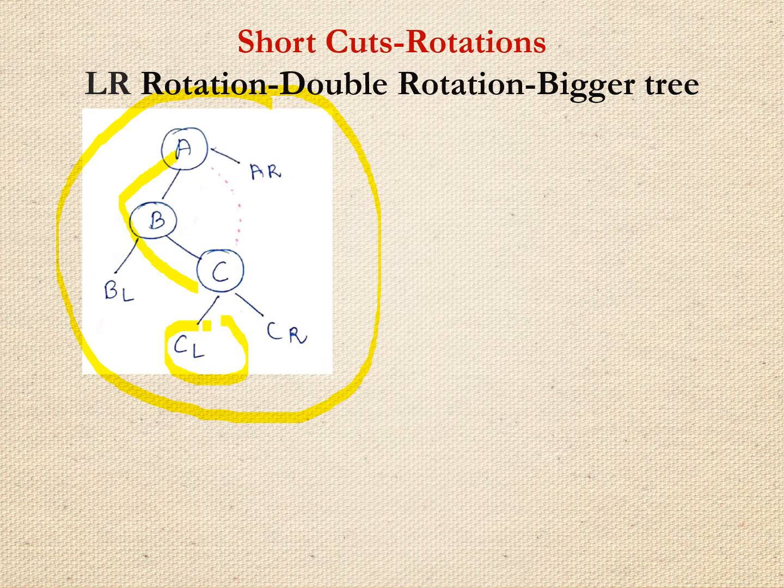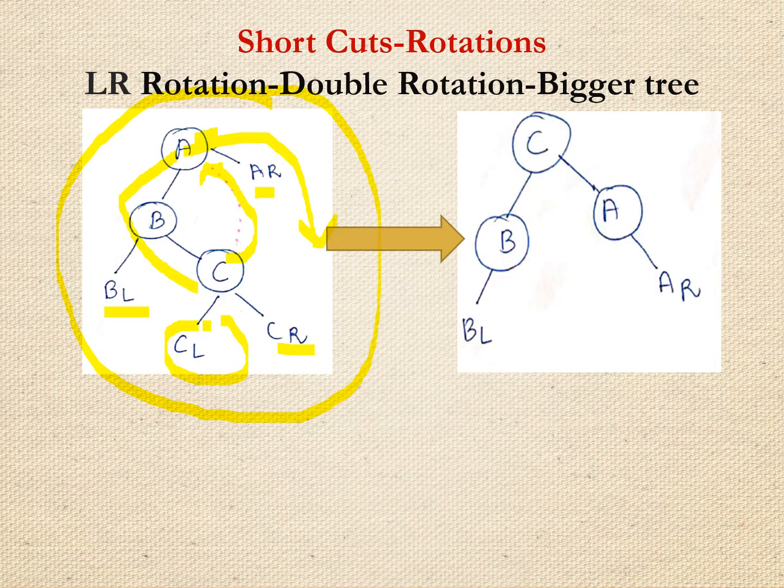So if this is the case, then C will be taking the position of your A node, and A will be on the right side of this C. And what will happen to these children, BL, CR and AR? First we'll be identifying the answer.